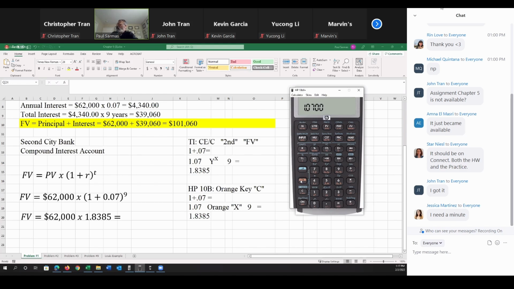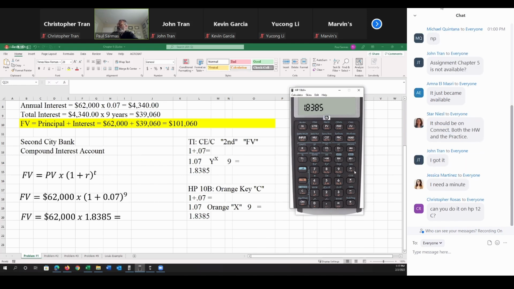So you do orange, arrow down, broken arrow, and X, multiplication sign. All right. And then you put 9 to the power 9. So it's 1.07, Y to the X, 9. And press equal, as I said here, you get 1.8385.